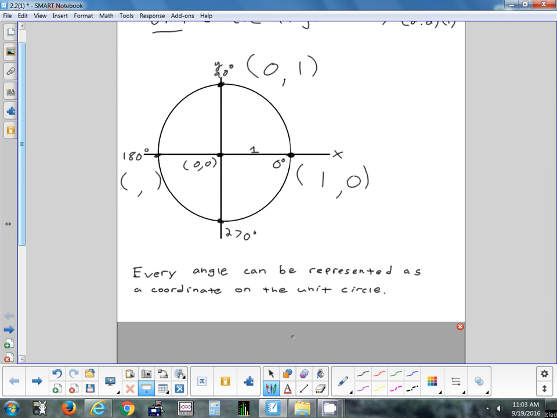Negative 1, 0. Yeah, for 180, all you're doing is going left, again 1 unit. And lastly, the coordinate for 270. How about Sam? 0, 0. Oh, do we have 2? Yeah, I'm sorry. Yeah, 0, negative 1.